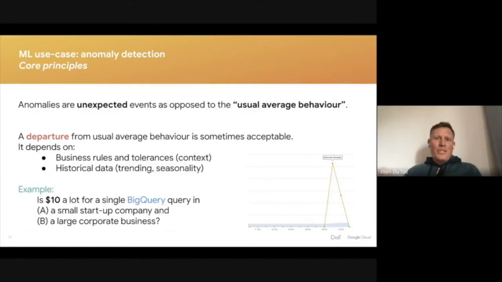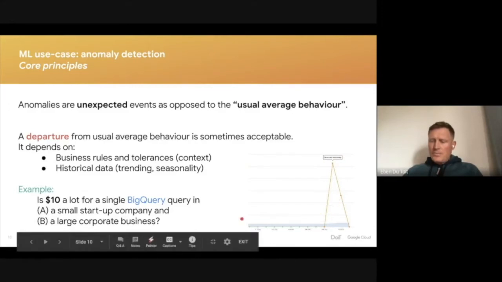Even if you could say that it's an outlying or a departure, like on the slide, a departure from usual average behavior. Something like this on the right here, where you see in the shaded area, something that was usual behavior, and then suddenly a massive spike.